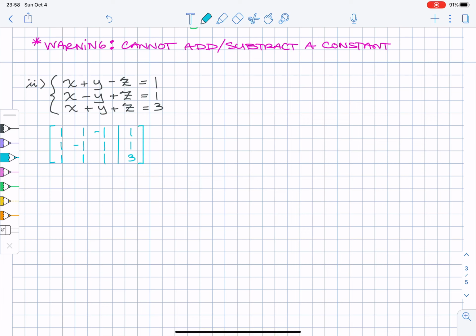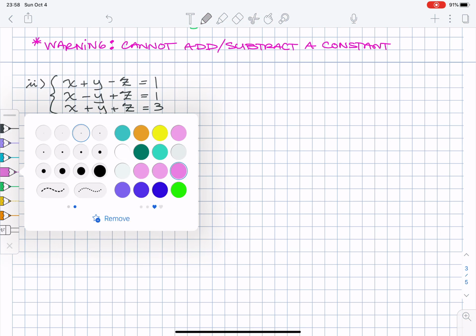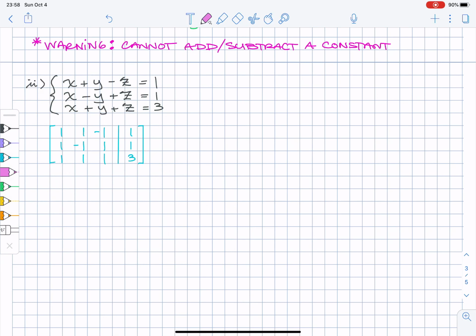Okay, so the first step is to get a 1 here. Check mark. Okay, so the second step is to get zeros here.